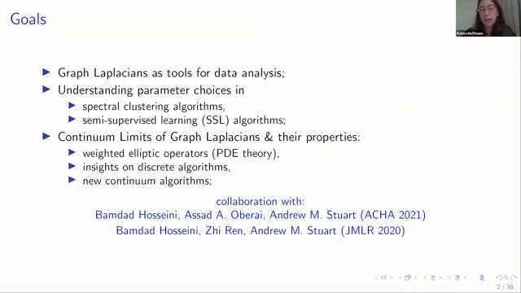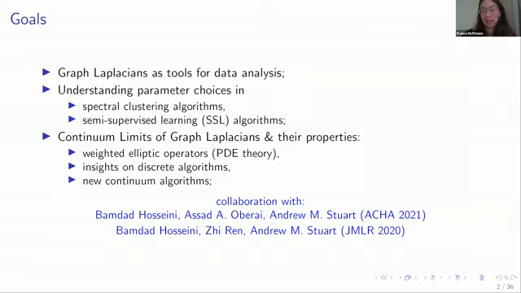And with some of these limits, you then end up with weighted elliptic operators that appear. And so I will talk about the analysis of these continuum objects, which then also helps us to get insights into the discrete algorithms on the one hand, and on the other hand, it allows us also to construct potentially new algorithms using these continuum objects. So that's what I'm planning to talk about.